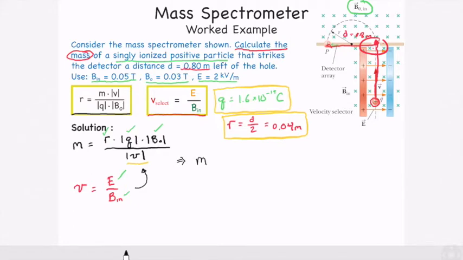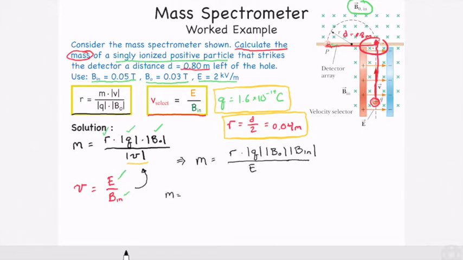So we'll write that the mass is then equal to the radius of curvature times the magnitude of the charge times the magnitude of the B field in the detector region, and then we're going to divide that by E over B in. So the electric field, because it's in the denominator of a denominator, pops up top, and we have the magnitude of the input magnetic field up top, which we can then plug in numbers.